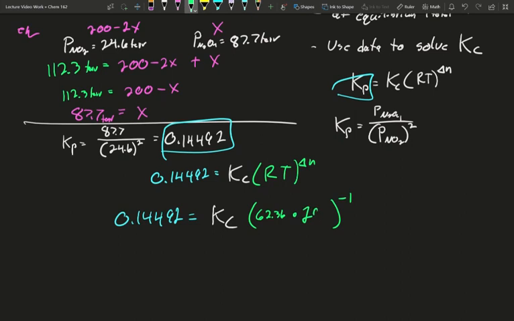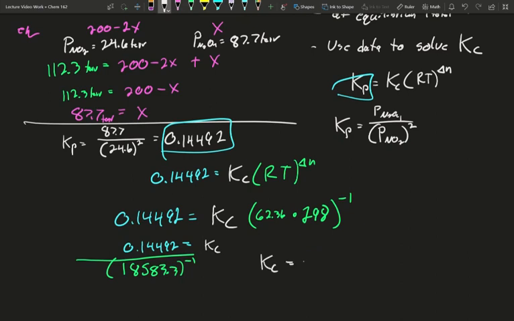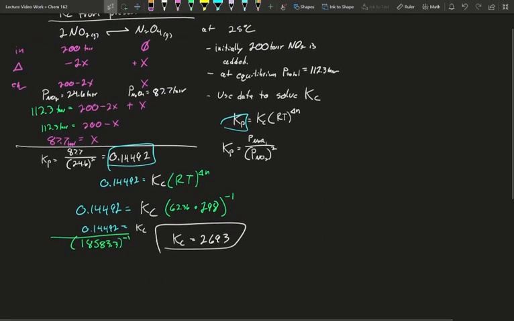Our temp was 298 Kelvin, which will be 18,583.3 to the negative 1. Divide that across. That means our Kc is going to be equal to 2,693. So using our pressure data, we can solve Kp, and then we can use the relation of Kp and Kc to solve Kc.